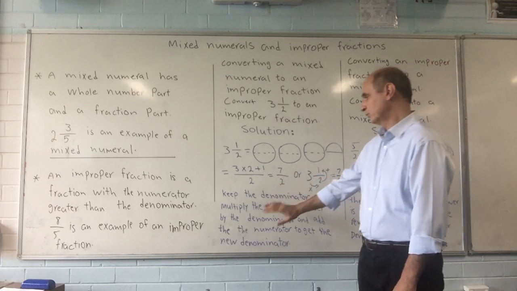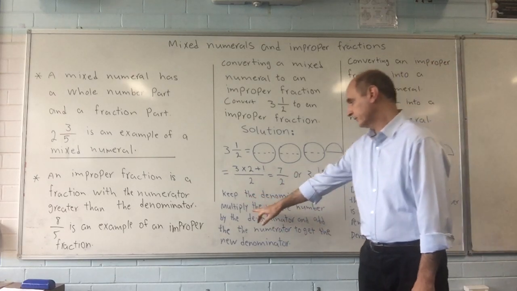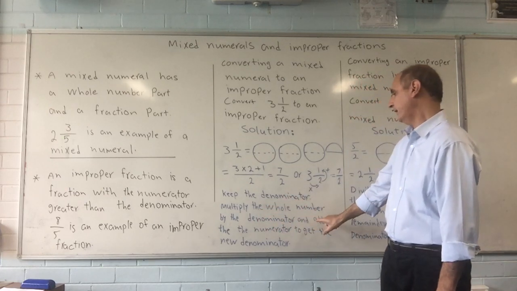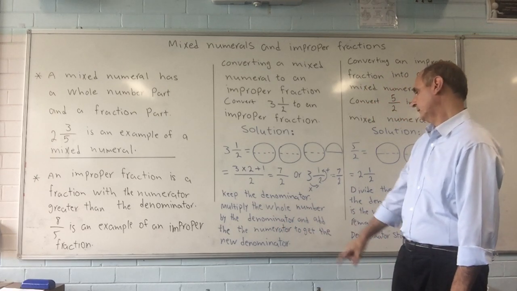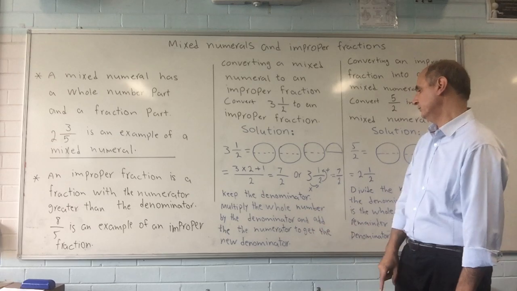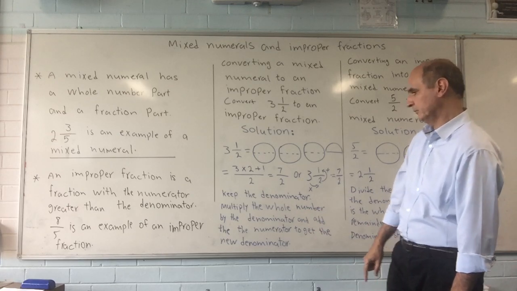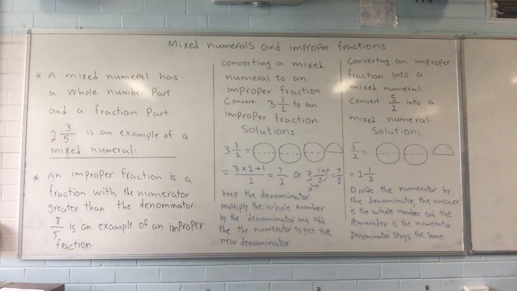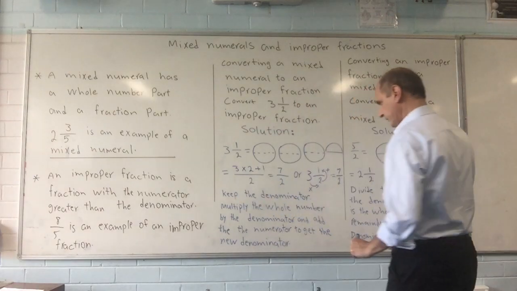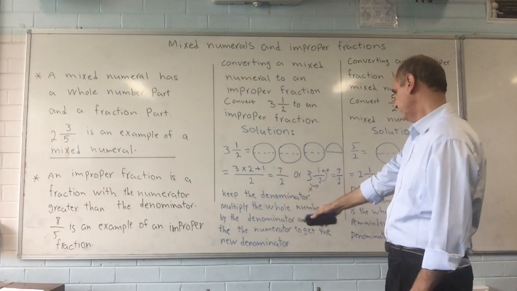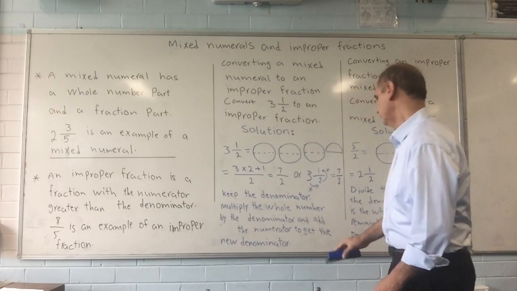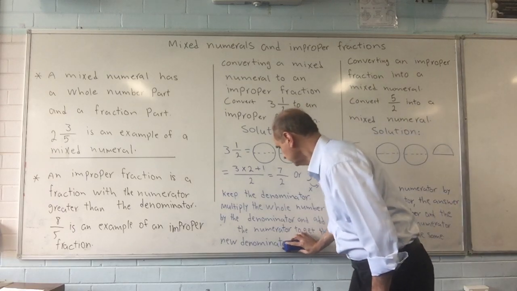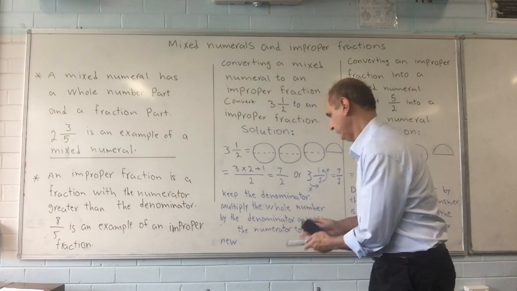So, the rule is: keep the denominator, multiply the whole number by the denominator, and add the numerator to get the new numerator.